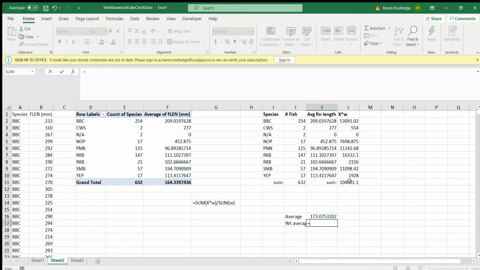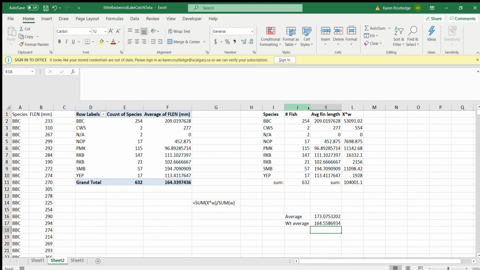And that is equal to the numerator, the sum of our weights times x's, divided by the sum of the weights by themselves. And we get a similar but different value. So if we take the fin length and we take into account the number of fish that contributed to this, we get a slightly smaller value than if we treated each of these as contributing equally.